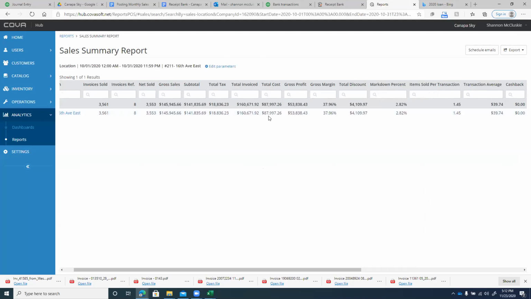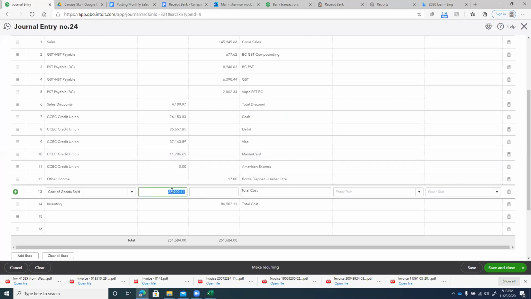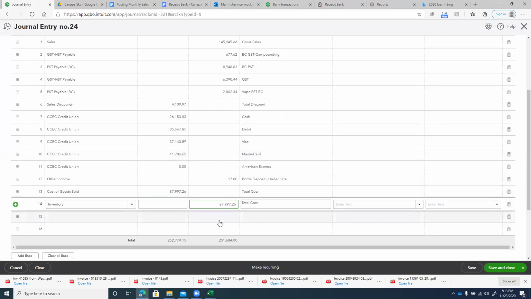So what this says is there was $160,000 in total invoices, which is the gross sales of product plus the taxes that were charged. And that product cost $87,000. So we take the 87 and total cost. Right here it says total cost, and we just put the same amount twice.